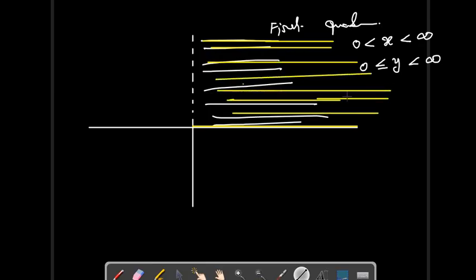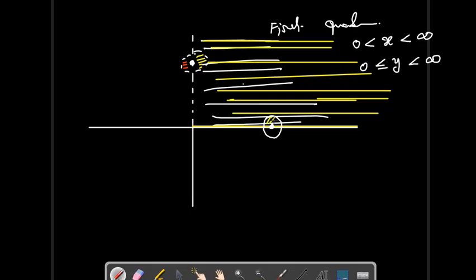So the first quadrant, right? Now if you look at the boundary points of this, for example, if I take a point on the y-axis, you can observe that this can be a boundary point. Why? Because whatever neighborhood you take contains points which lie in the first quadrant, and also points which are not in the first quadrant. So every point on the y-axis is a boundary point, and every point on the x-axis is also a boundary point, for the same reason.